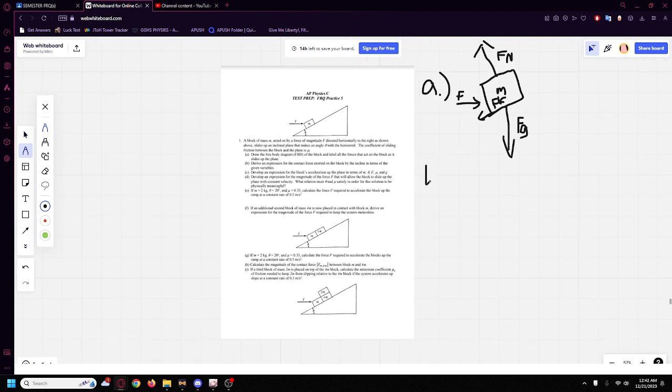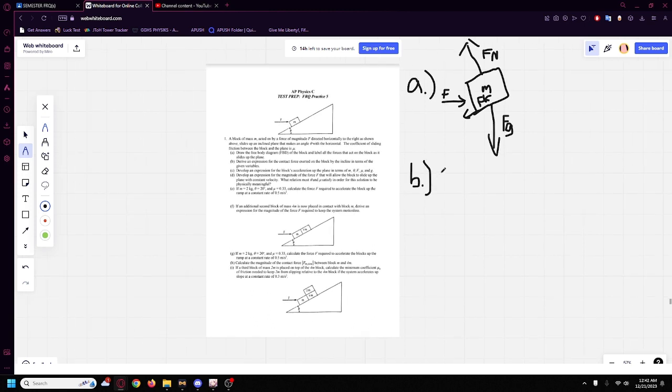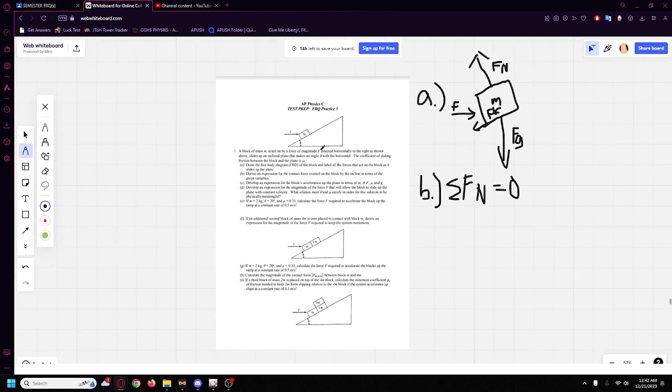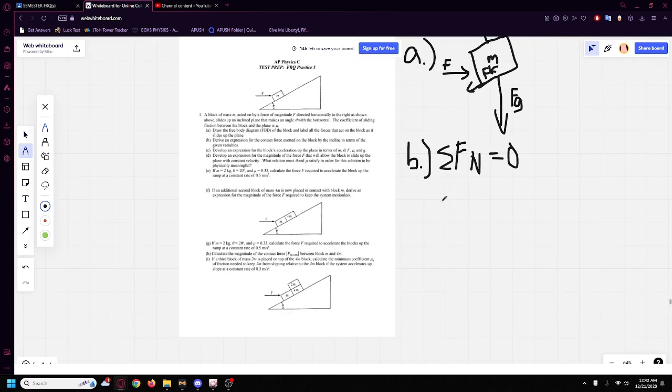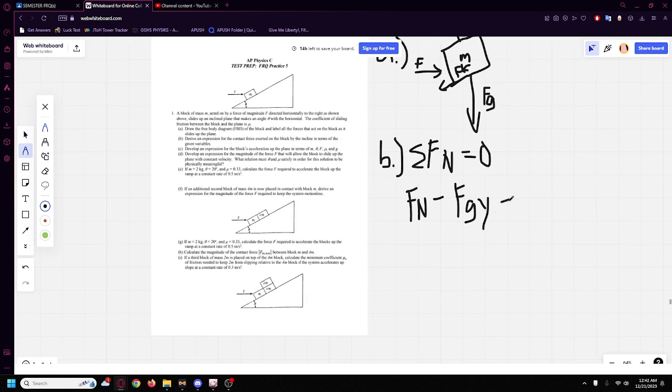So, part B asks to find the contact force. We know that the net force is equal to 0 because the object does not move in the y direction. So that means F_N minus F_gy minus F_y is equal to 0.